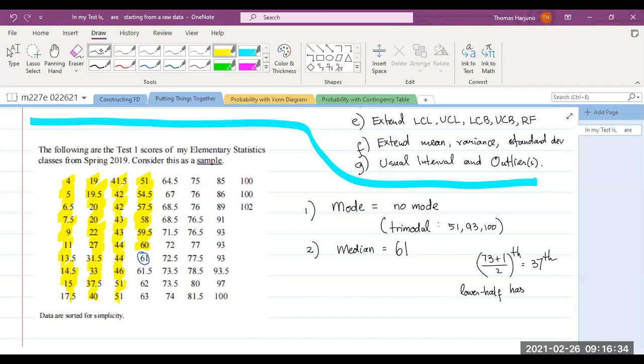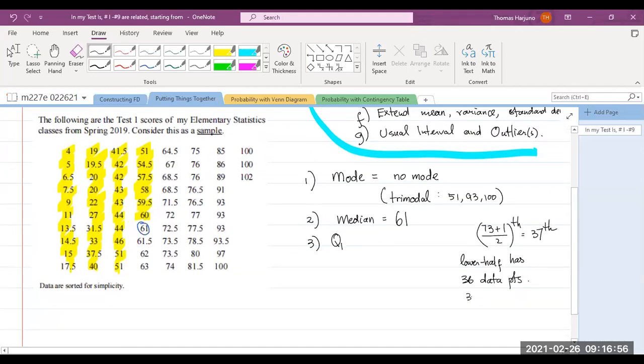The lower half has 36 data points. That gives us the way to compute the position of the first quartile. The first quartile will be located at the (36 plus 1) divided by 2 position. That's 18.5.